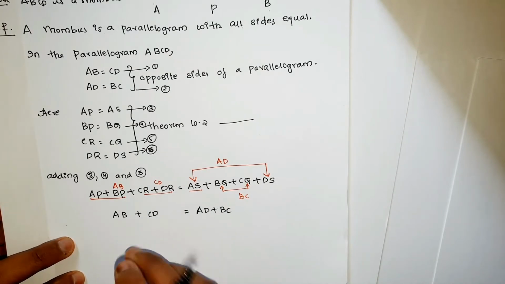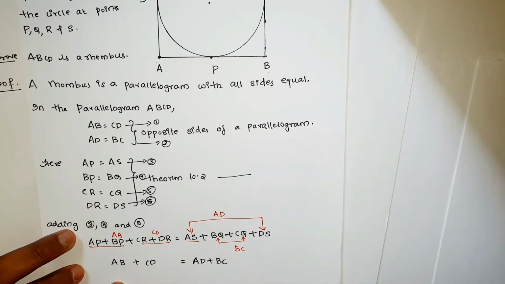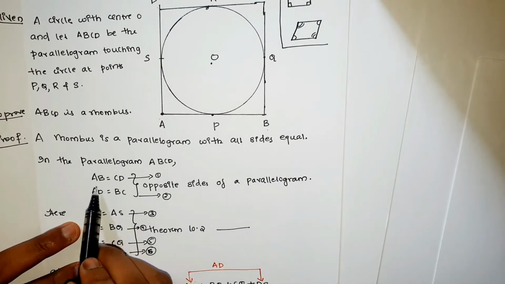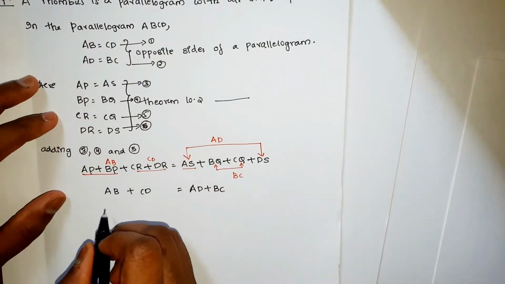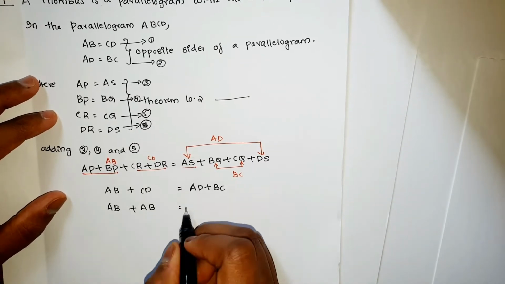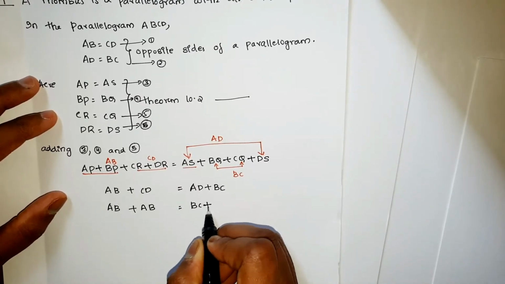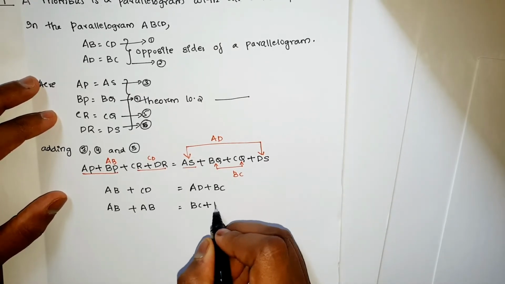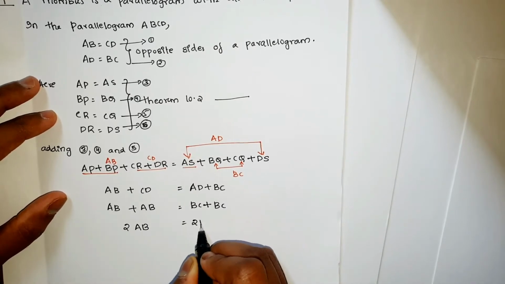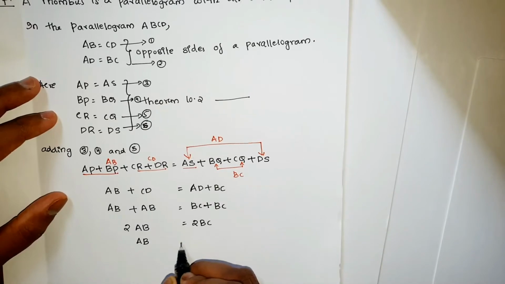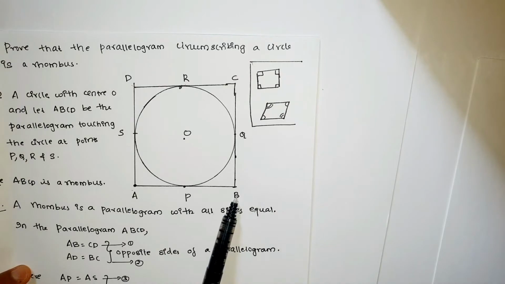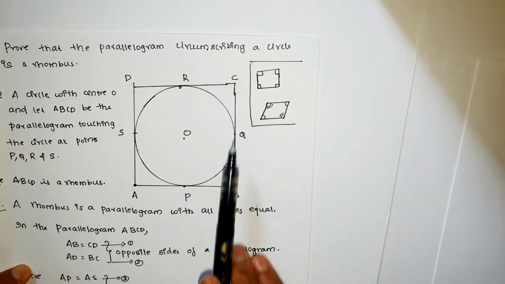So students, we want opposite sides as equal. So I am putting AB instead of CD, because AB is equal to CD, and BC instead of AD, because BC and AD both are same. I get 2AB is equal to 2BC. Therefore, AB is equal to BC.